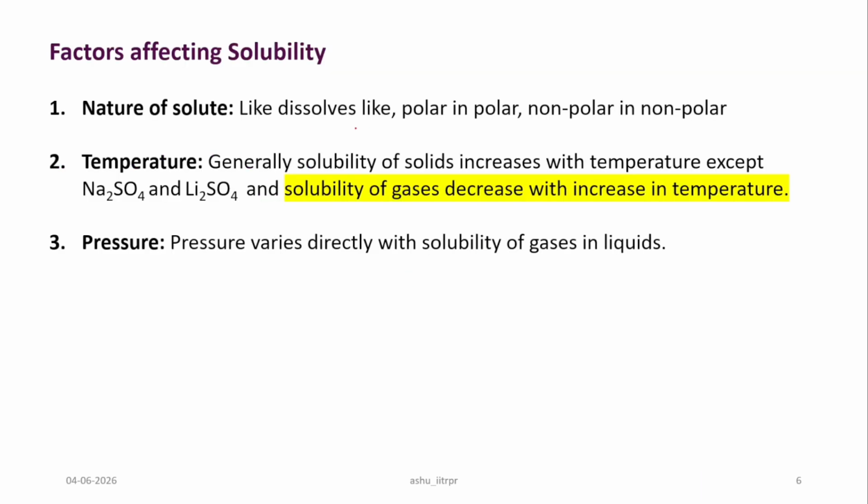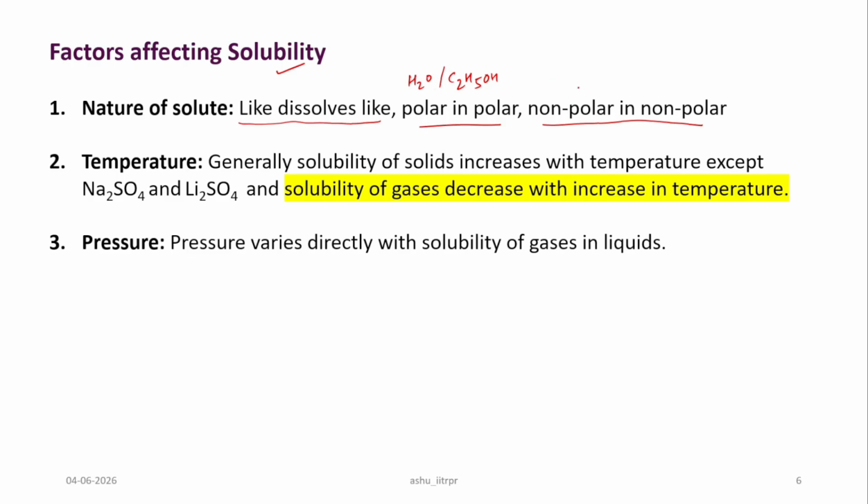Now, just like I discussed, the factors which affect solubility include the nature of solute, in which like dissolves like. That means polar dissolves in polar and non-polar is soluble in non-polar. If I take the example of polar in polar, water is polar, ethanol is polar. So C2H5OH gets solubilized because both of them are polar.